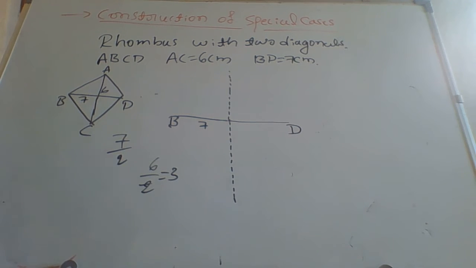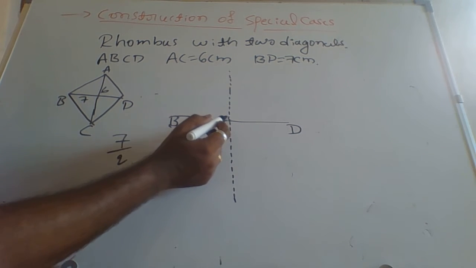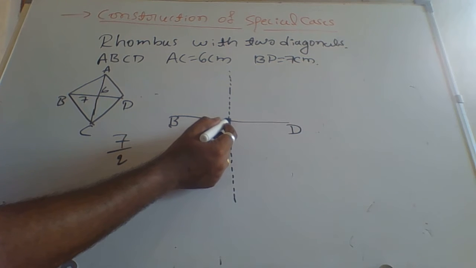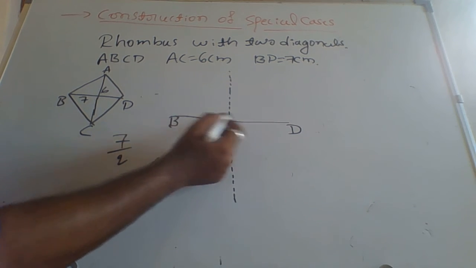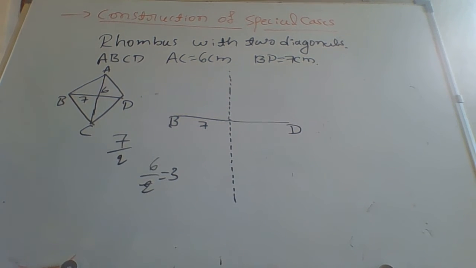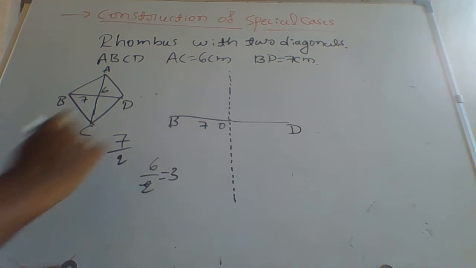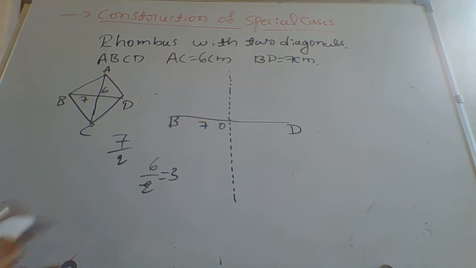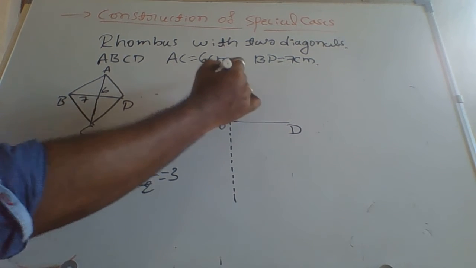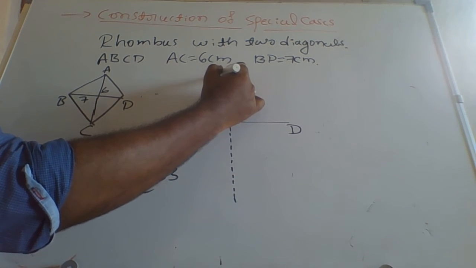Therefore, consider a length of 3 centimeters in your compass and place the needle on point O, the point of intersection of BD and AC, and draw an arc.